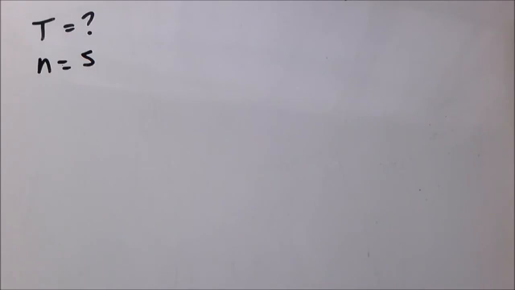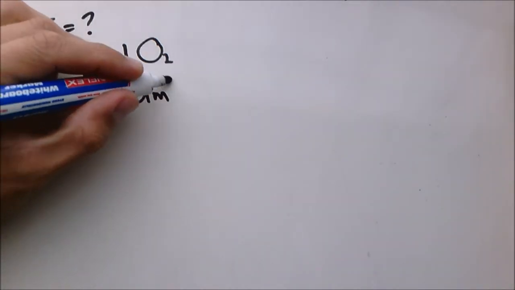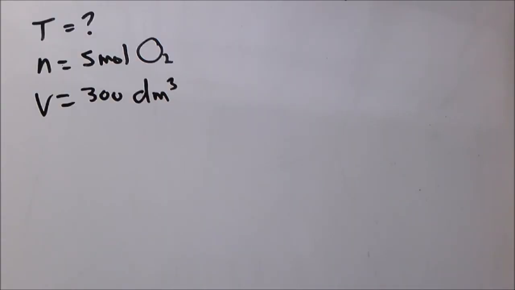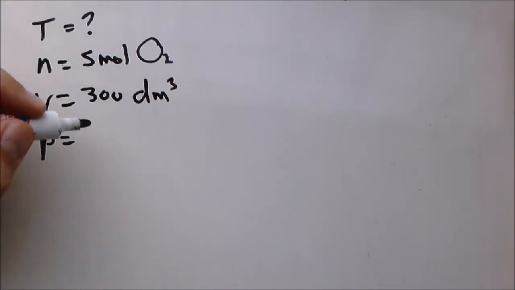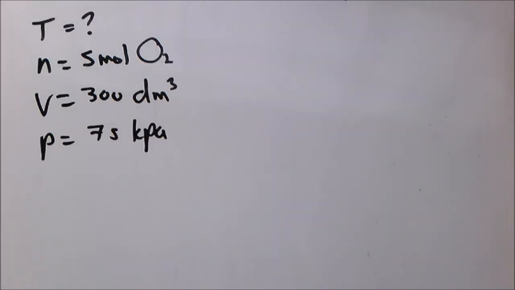And we know it's oxygen gas, so it's O2. Then they told us that the volume is 300 cubic decimeters, and the pressure is 75 kilopascal. Okay, your first step always with the ideal gas equation is convert into the correct units.